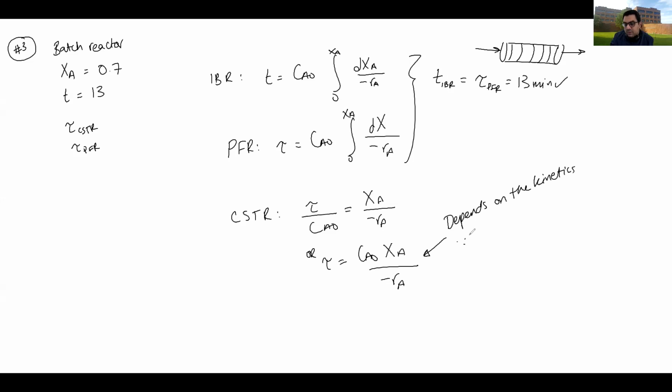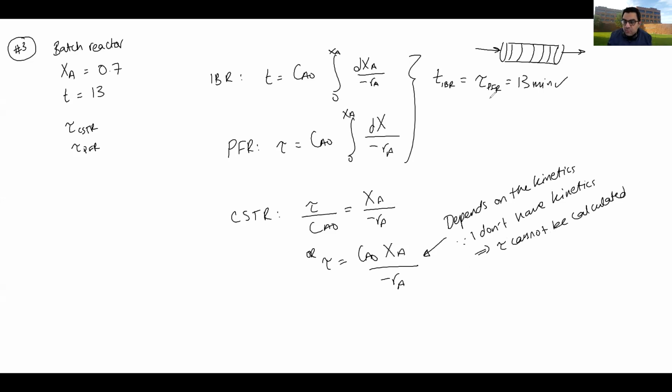And because I don't have the kinetics, tau cannot be calculated, right? And you have to have the knowledge to just say that I don't have enough information to get tau, because this equation requires a number here for me to plug in. Okay, so this is the answer for this problem.